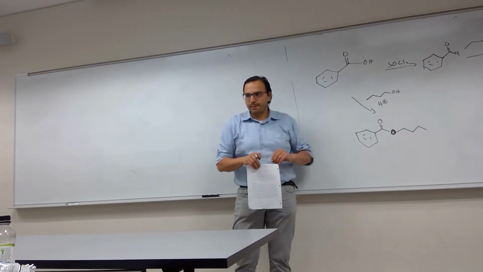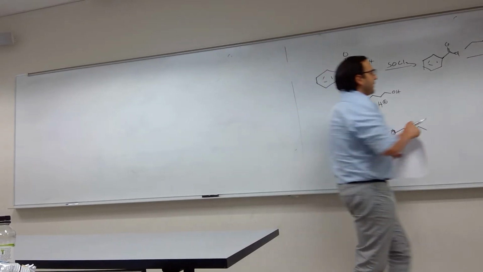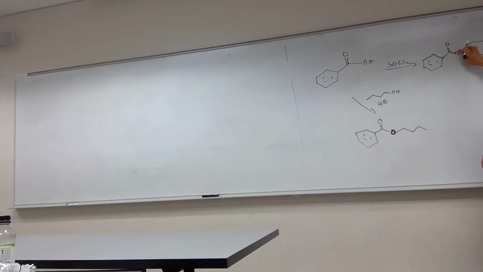So you want a nucleophile in that case, and your Cl is your leaving group off of the acyl chloride. Right, so this is going to be the nucleophile, but not the lithium butyl anion.